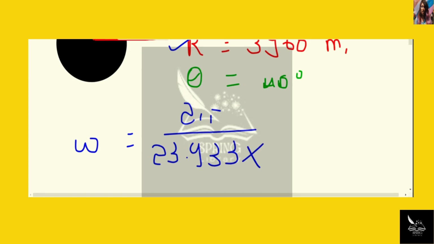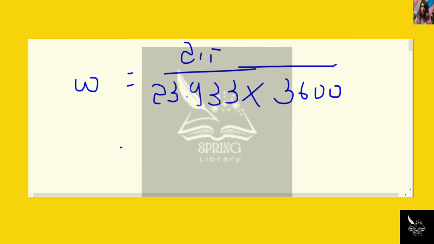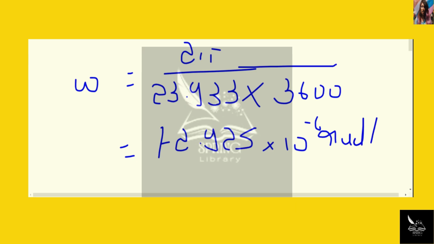Let's convert this into seconds by multiplying by 3600 seconds per hour. So our omega will be equivalent to 72.925 times 10 to the power minus 6 radian per second.